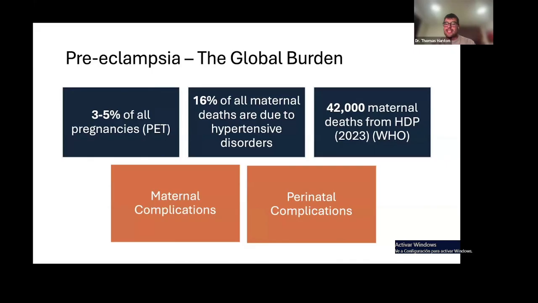And then it also has all the perinatal complications associated with preterm birth. Because we detect preeclampsia, babies may be delivered earlier and have all the complications of prematurity, and also a lot of associated effects as a result of being small from placental dysfunction.